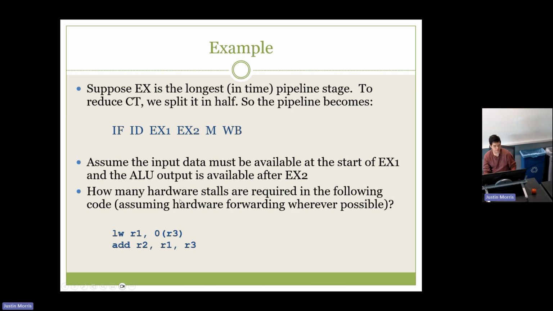Since we didn't do the other two questions, maybe this can be your poll question. And your code for today is 595. Let's do A is 0, B is 1, C is 2, D is 3, E is 1. We have this code, we have this new pipeline architecture. How many stalls are required? What's the code again? 595.